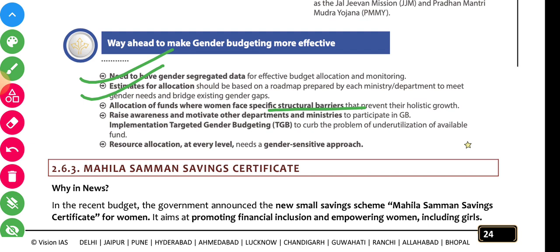Raise awareness and motivate other departments and ministries to participate in gender budgeting. Implement targeted gender budgeting to curb the problem of underutilization of available funds. Resource allocation at every level needs a gender sensitive approach.